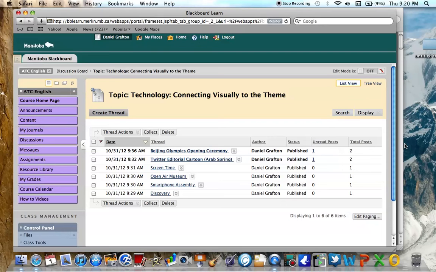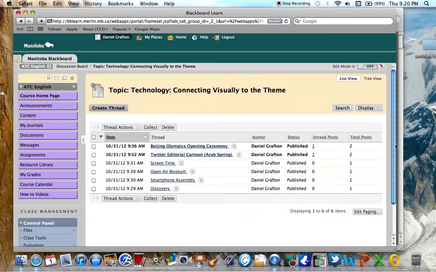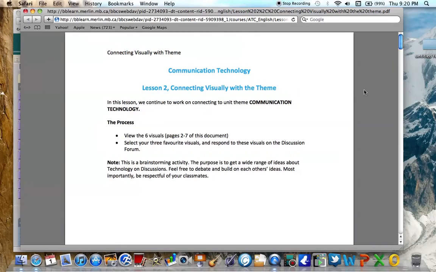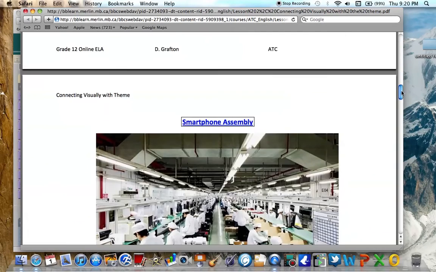So it relates back to what we did with the Power of Photography, but also it's good practice for the provincial exam to think about these visuals in terms of how they communicate ideas. So the first part is sharing some ideas on the discussion board.